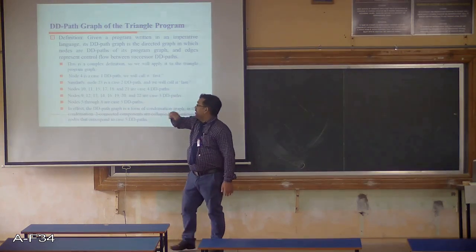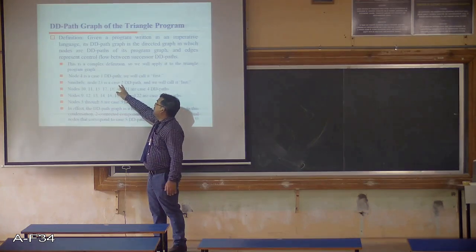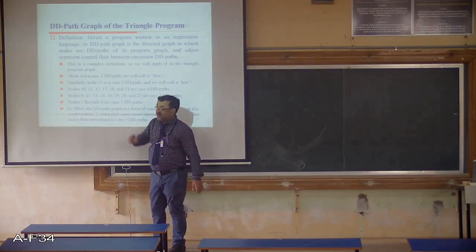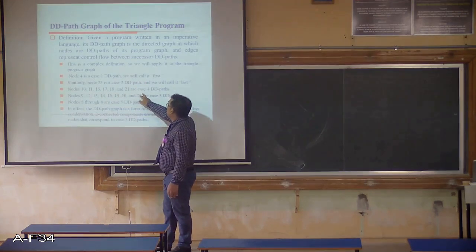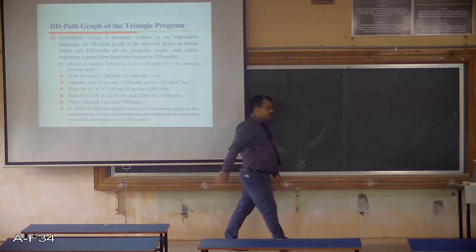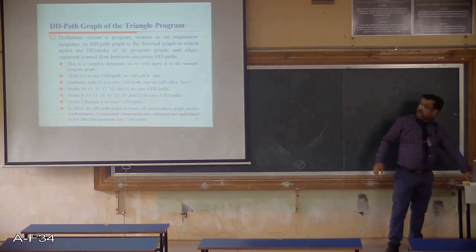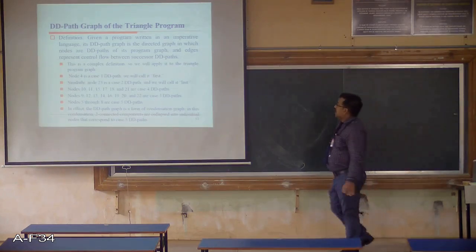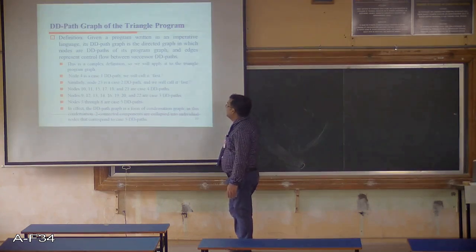DDpath 1 means case 1, and case 2 DDpath is node 23, the sink node. Then nodes 10, 11, 15, 17, 18 and 21 are cases of the 4 DDpath, that is case 4. And nodes 9, 12, 13, 14, 16, 19 and 20, 22 are the case 3 DDpath.